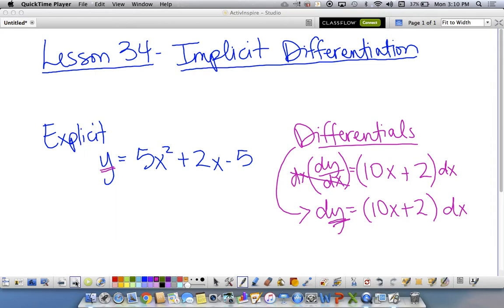Now I'm going to give you a scenario, which I know that you would recognize, and you could solve it if you had 2x plus 5y equals 12. Now, that's a pretty easy equation, and we could solve very easily for y by itself, correct?